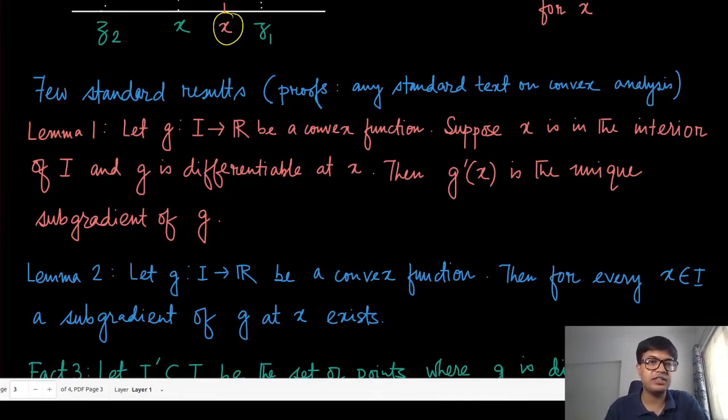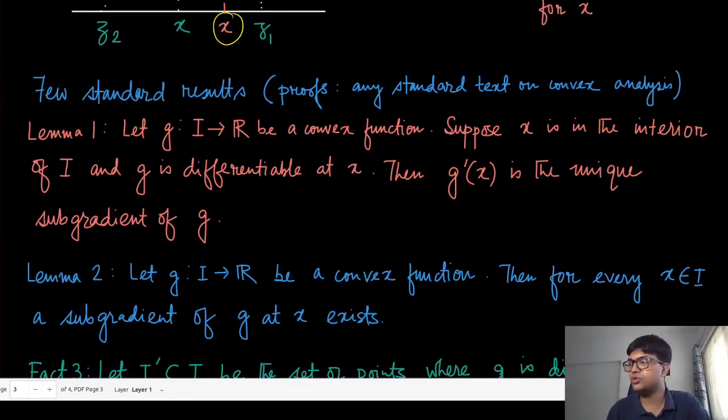The first result is that, suppose we have a convex function g, x is in the interior of I, and g is differentiable at x. Then g prime x is the unique subgradient of g. We have already told the intuition. This is the formal statement, and it is not very difficult to show formally.